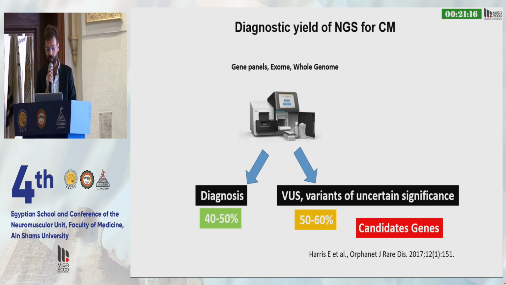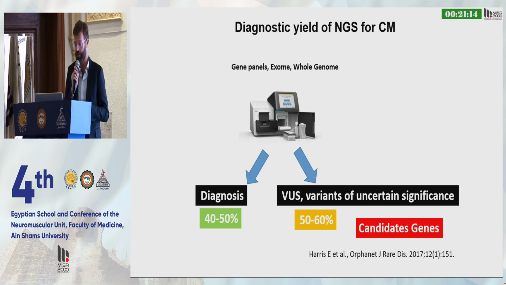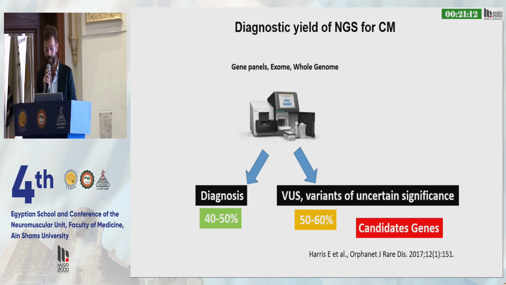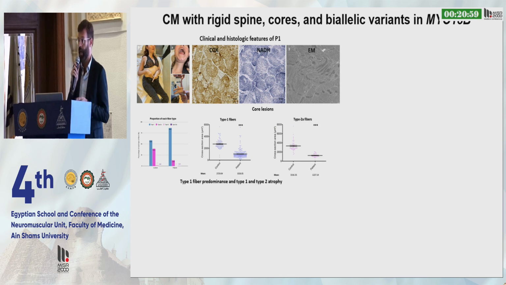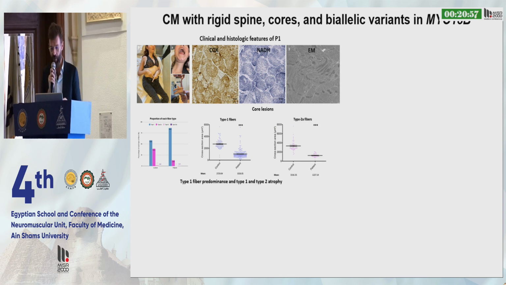So in some cases we have nice findings with a candidate gene. One example is what we found in this patient. You don't see the name here, it is myosin 15B, it's written here. This patient had a congenital myopathy with spinal rigidity, cores in the muscle biopsy.